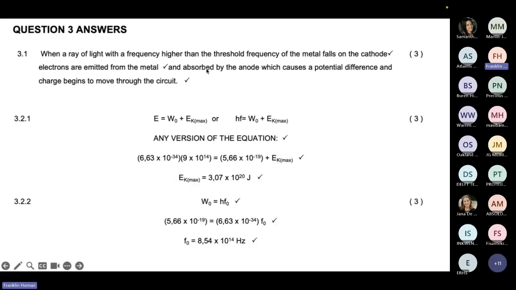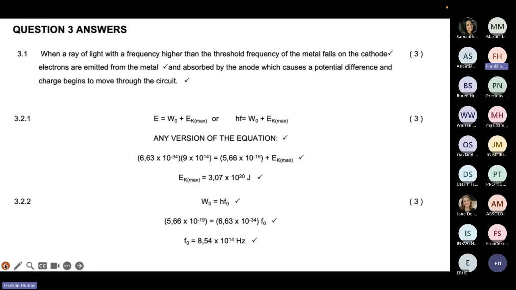And absorbed by the anode, which causes a potential difference, and charge begins to move through the circuit. That's a very good answer. It's because of the electrons moving from the cathode to the anode that you have the potential difference, and therefore charge begins to move through the circuit, right?